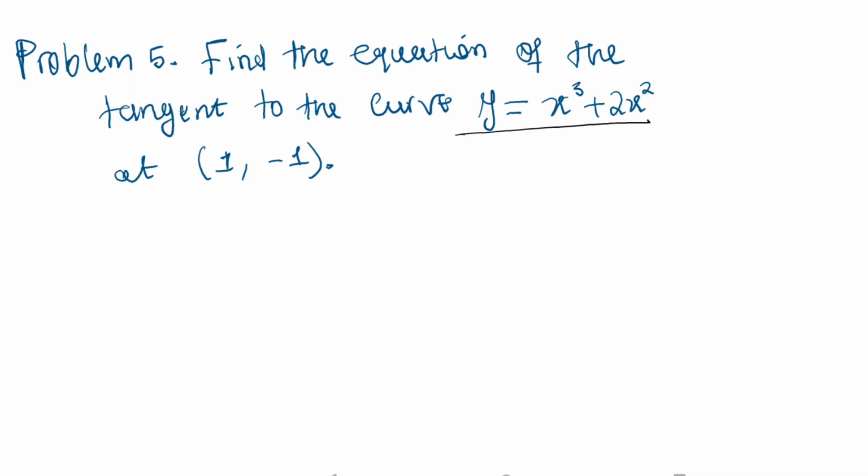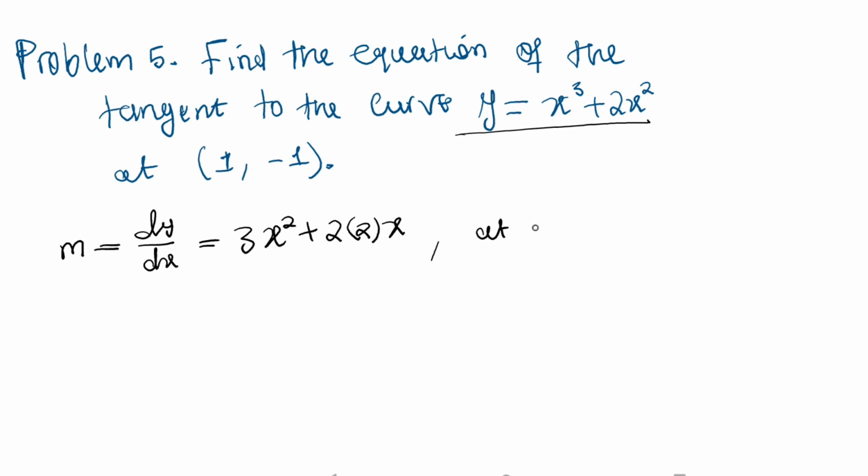The first thing is to find the gradient, which is the derivative of the given function at that point. So this is 3x squared plus 2 into 2x, right? Now it's at x is equal to 1, right?